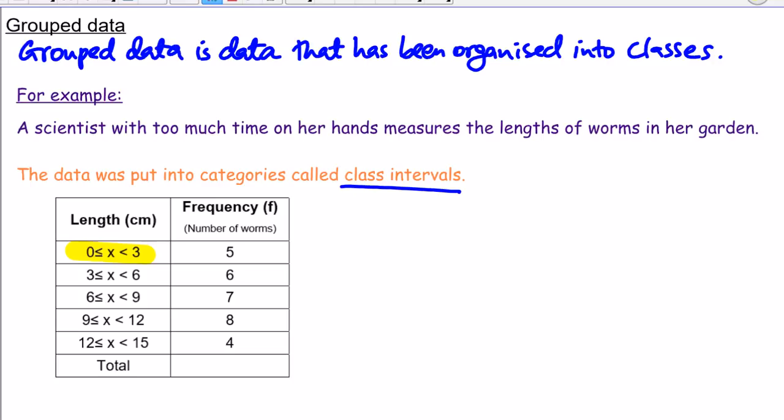Now, when you group data this way, there are some things that you need to know.